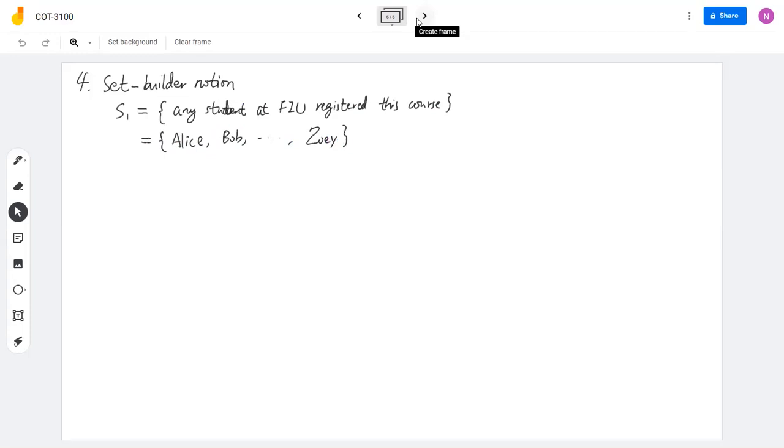Okay, in general, how do we define a set builder notation? Let me try to give you a definition. So let S be a ground set. Okay, so what does ground set mean?